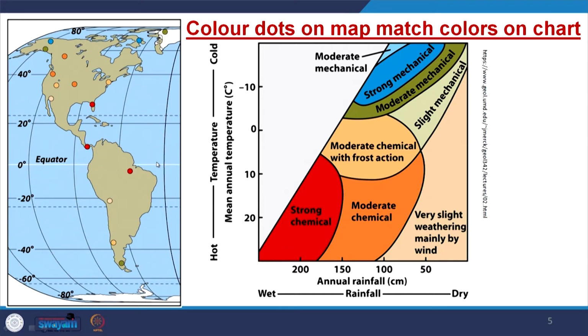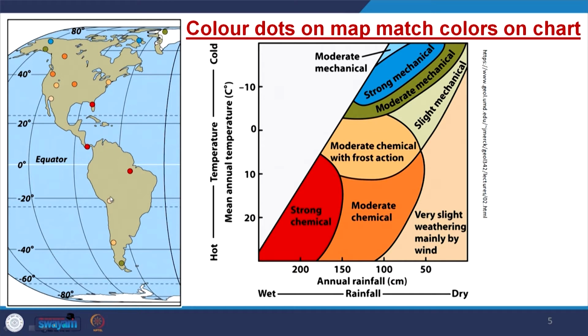Here is the 0 degree equator, and from minus 20 to 20 degrees or even 30 degrees latitude, both sides north and south, they are more prone to chemical weathering because of high rainfall and high temperature. So, warm and humid climate.